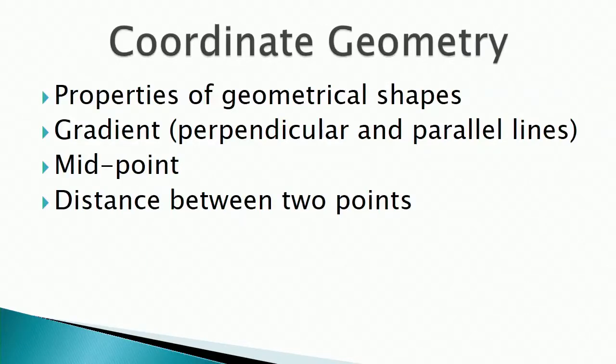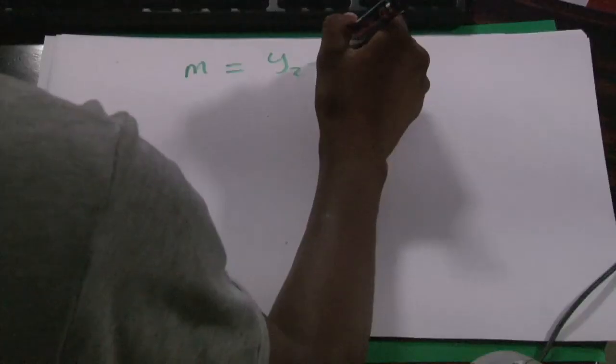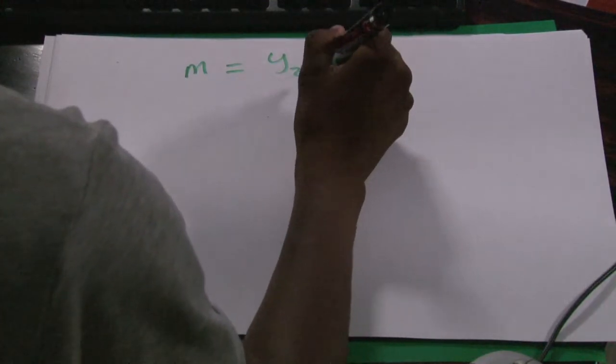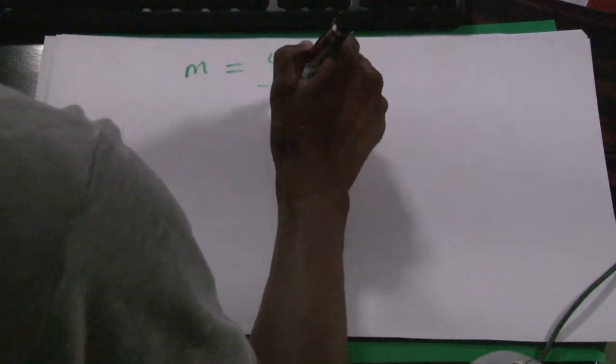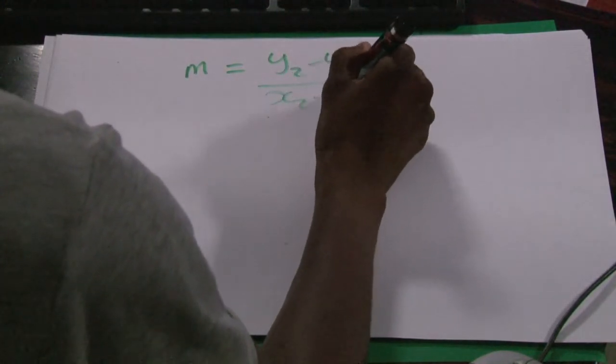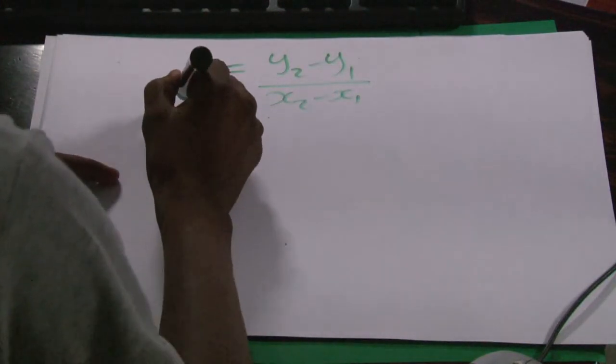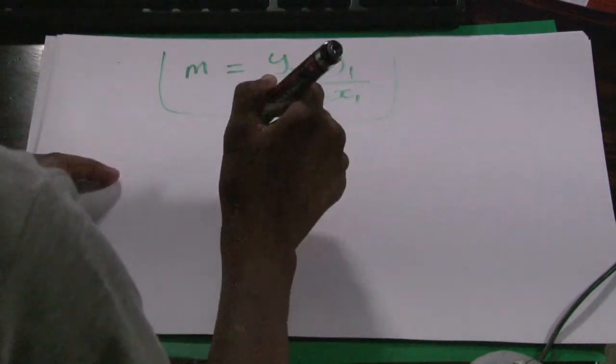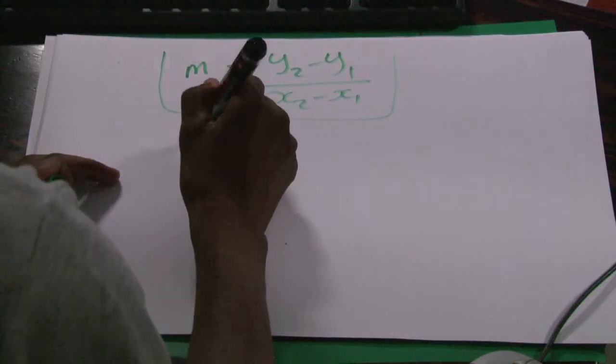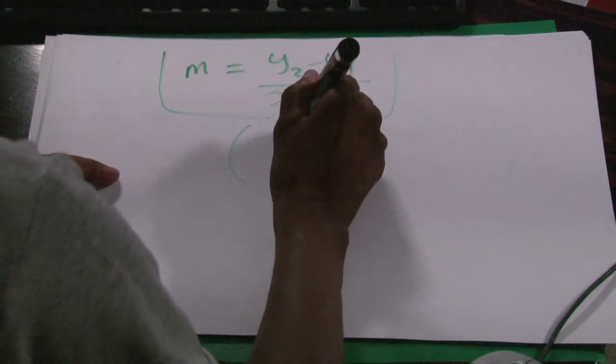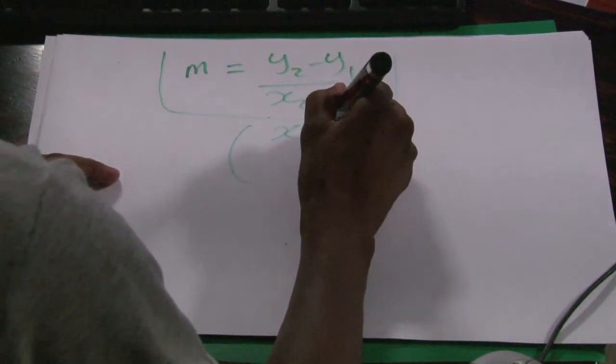So the formula of gradient is m is equal to y2 minus y1 over x2 minus x1. That is the formula for finding the gradient. The midpoint is just a coordinate, the coordinates of the 2 points.